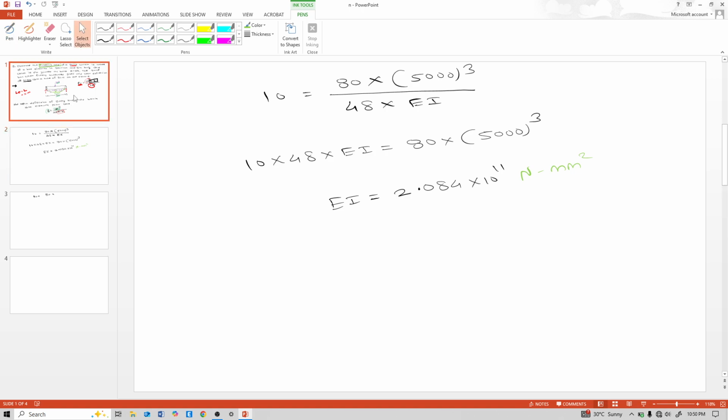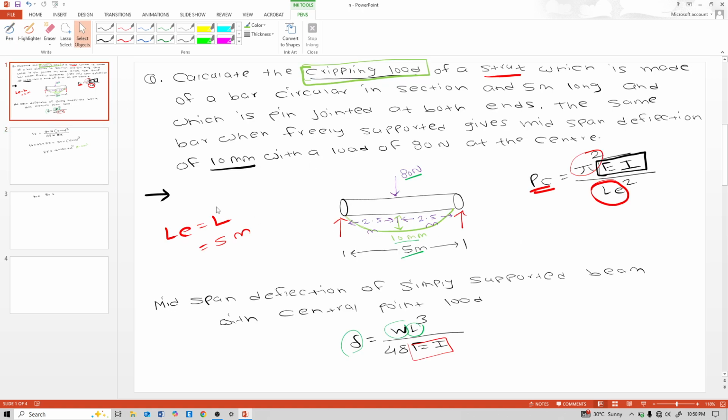So put this EI value in this PC formula, pi square EI upon LE square.